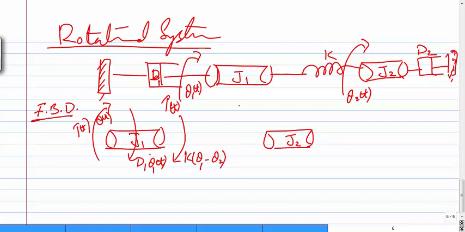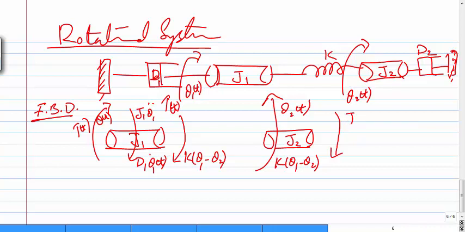So this becomes the applied torque in this direction. Here it becomes K times theta 1 minus theta 2, and we do have another opposing here due to the inertia, J2 theta 2 double dot, and also with the damper, D2 theta 2 dot.